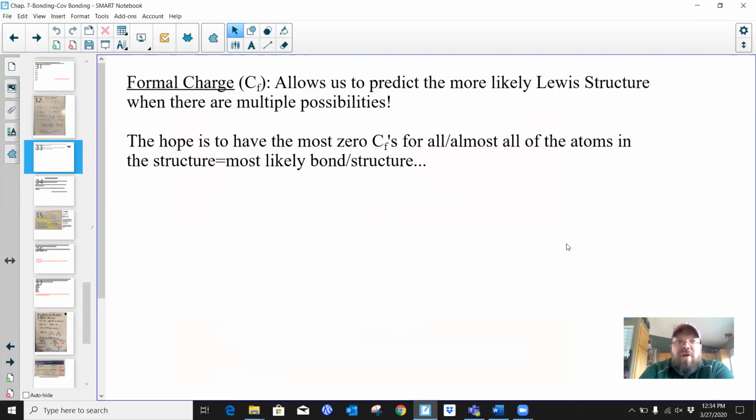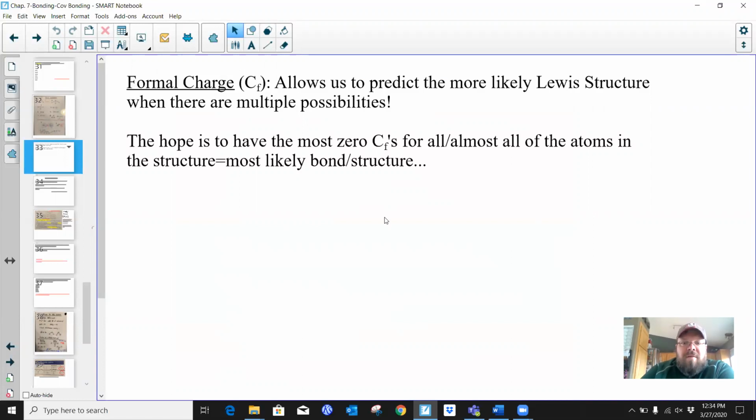So think of formal charge as basically a designation of the distribution of the electrons that are either bonded or unbonded around the atoms involved in the bonds within the Lewis structure. This is geared for covalently bonded molecules or structures, so we're talking dashes, using dashes to show shared pairs of electrons.